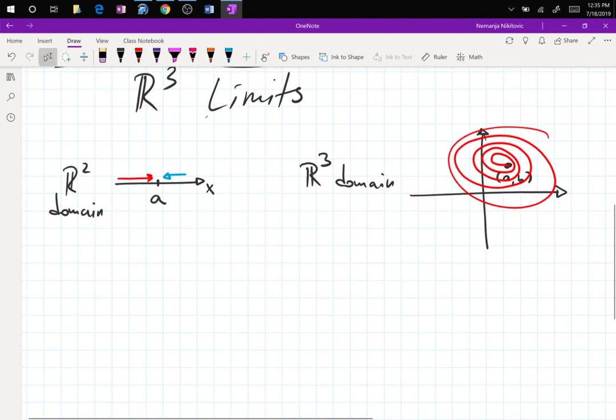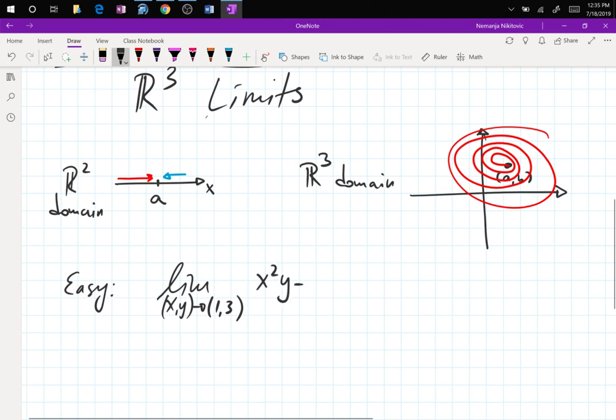So, three levels. So let's go with easy. Easy is when everything goes smooth. When you plug in the number, you get the value. So the limit, let's say, as (x, y) approaches (1, 3) of x squared y minus x plus 6.